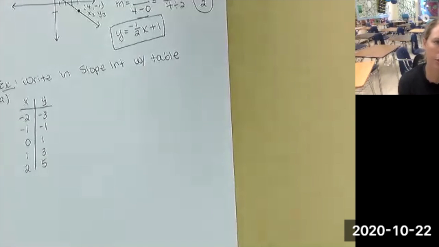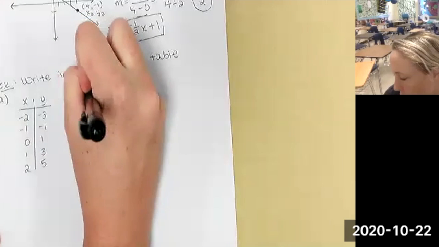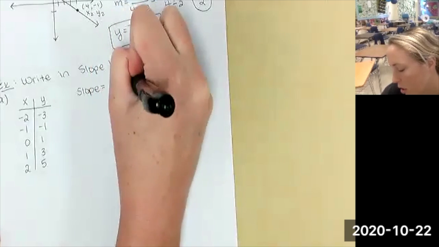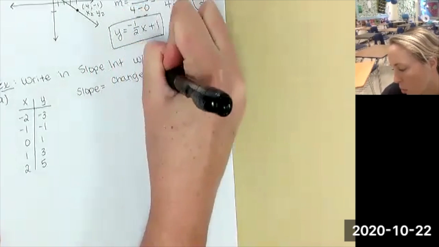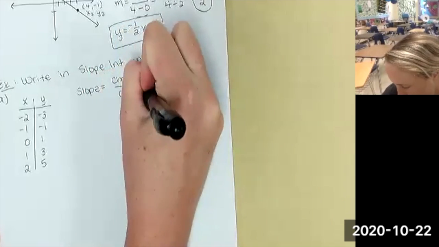Okay, and so if you guys remember from our linear functions lesson, we talked about finding the change in y and the change in x. So remember, another way of writing slope is change in y over change in x.